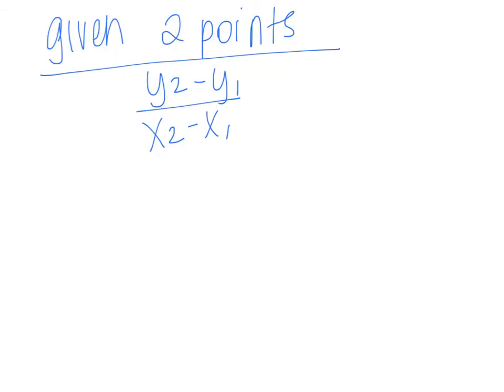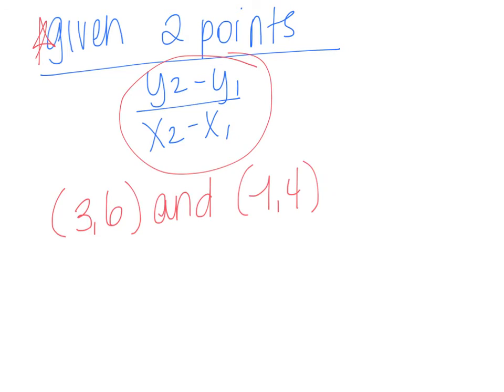Okay, now let's find slope and we are given 2 points. Okay, so remember, this is the equation that we're using, y2 minus y1 over x2 minus x1. So if we're given the points 3, 6 and negative 1, 4, and they want to know what the slope is, always label first.